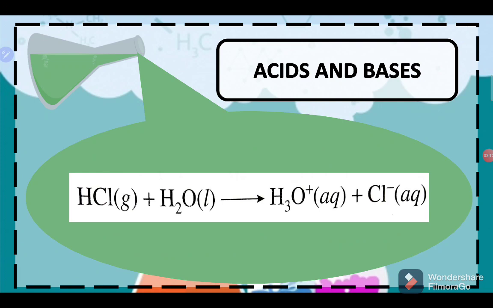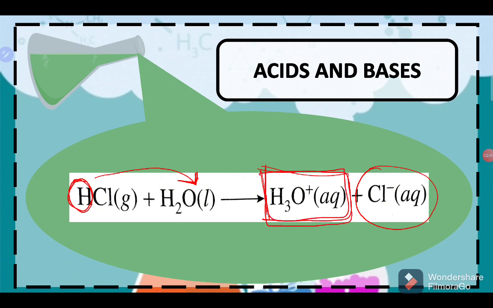Next. In this reaction, hydrochloric acid combines with water, and the result is a hydronium ion and a chloride ion. The H of hydrochloric acid is transferred to H2O to produce a hydronium ion. The remaining substance, Cl, becomes independent and is the chloride ion.